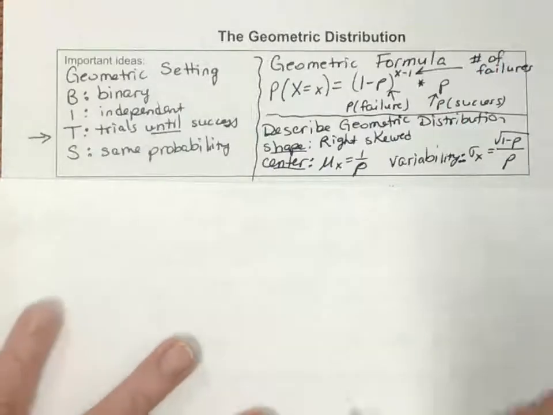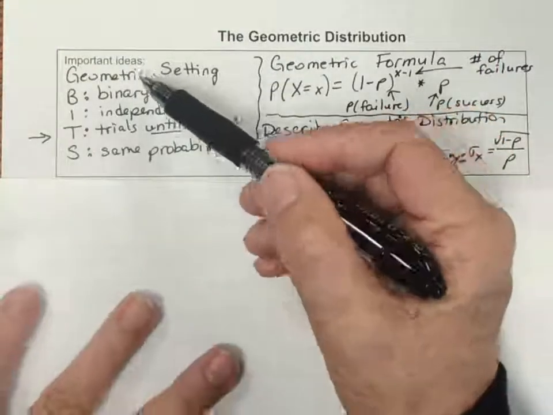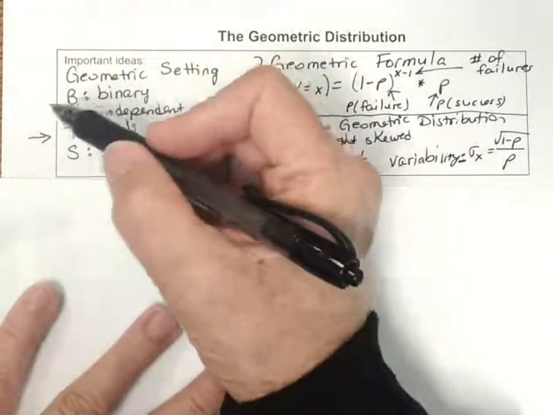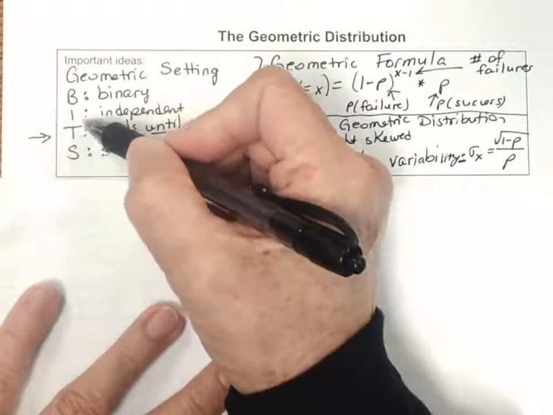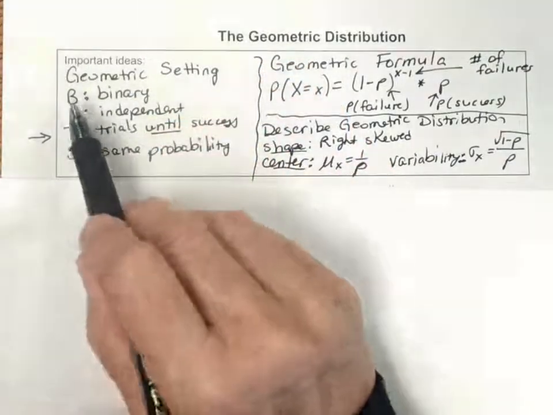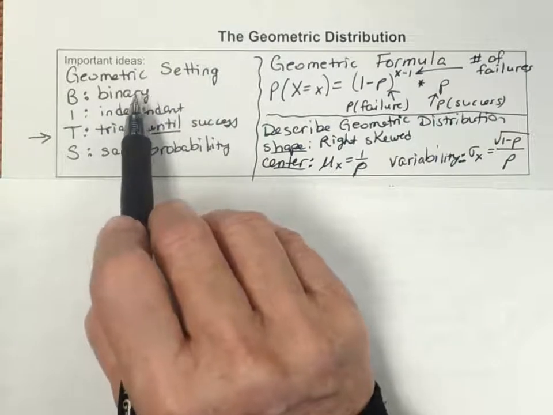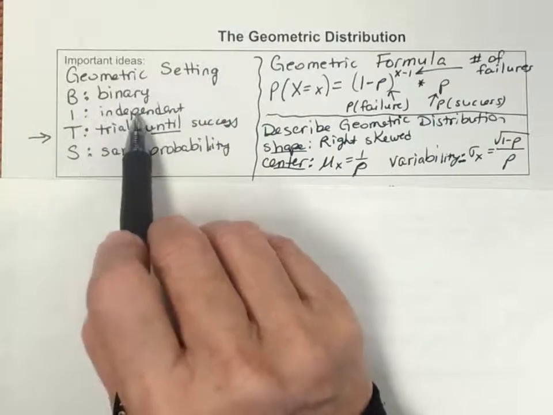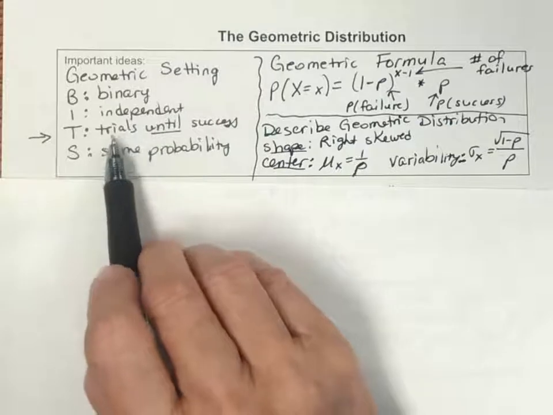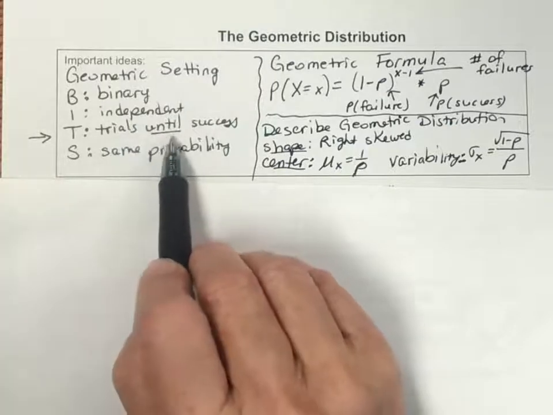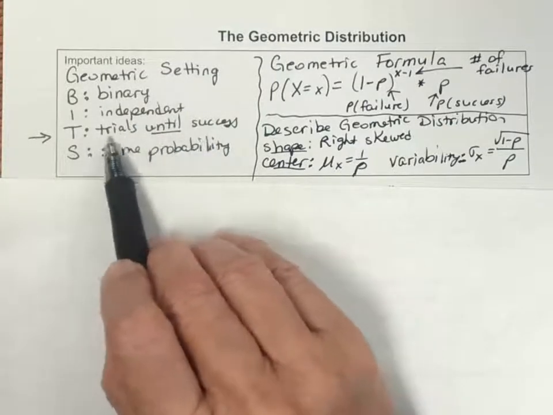Okay, so summing up these ideas, for a geometric setting, we use BITS. So instead of an N, we have a T. It has to be a binary situation where there's success and failure. Those are the only two options. The trials have to be independent. We have to continue our trials until we have success, so it's not a set number.